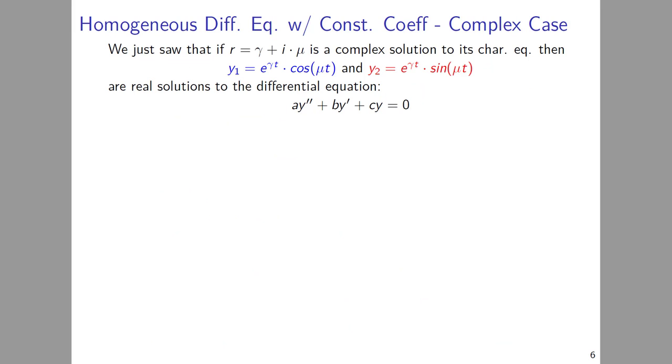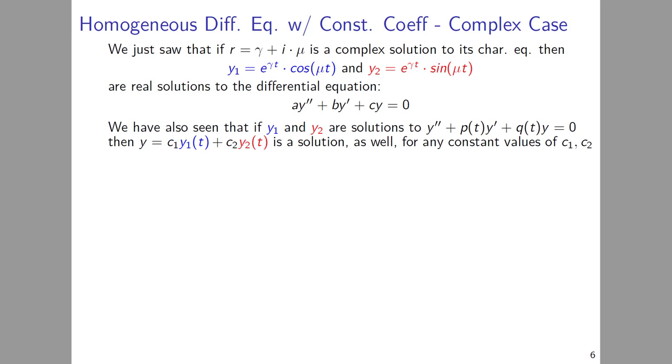And since we have these two real valued solutions to the differential equation, and we have also seen that if y1 and y2 are solutions to a second order linear differential equation of the form y double prime plus p of t times y prime plus q of t times y equals 0, then the linear combination y equals c1 y1 plus c2 y2 is a solution as well for any constant values c1 and c2.